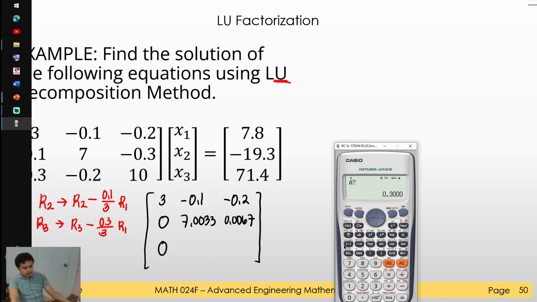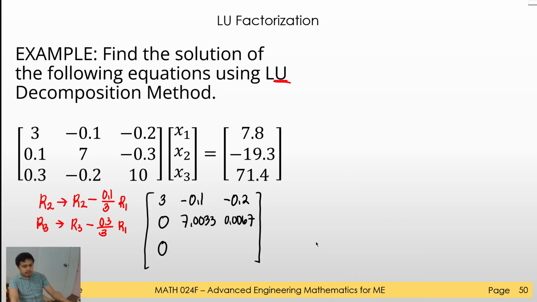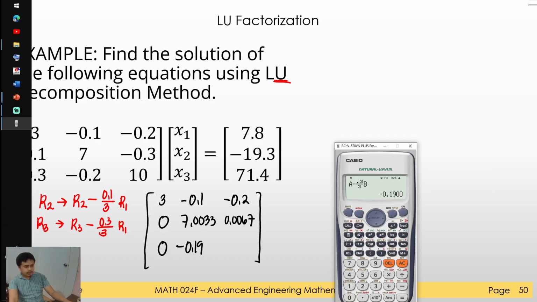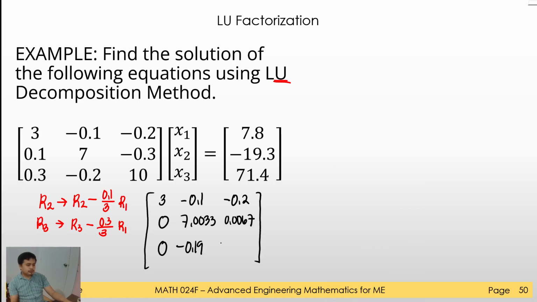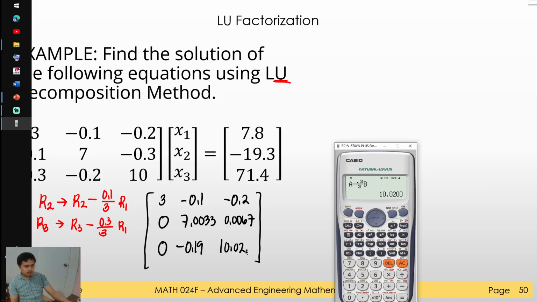Then negative 0.2 and negative 0.1 gives negative 0.19. And then 10 and negative 0.2, so this is 10.02. Wait, is it 0.2 or 0.12?